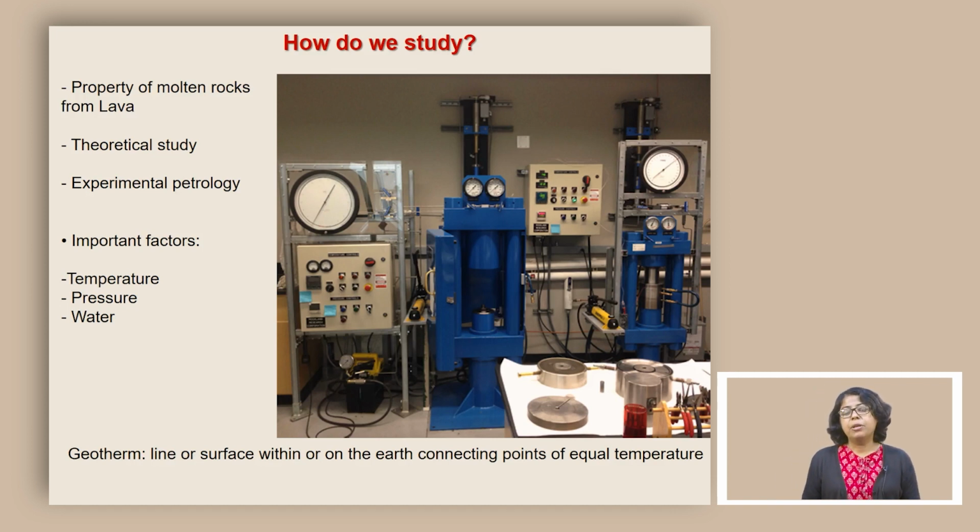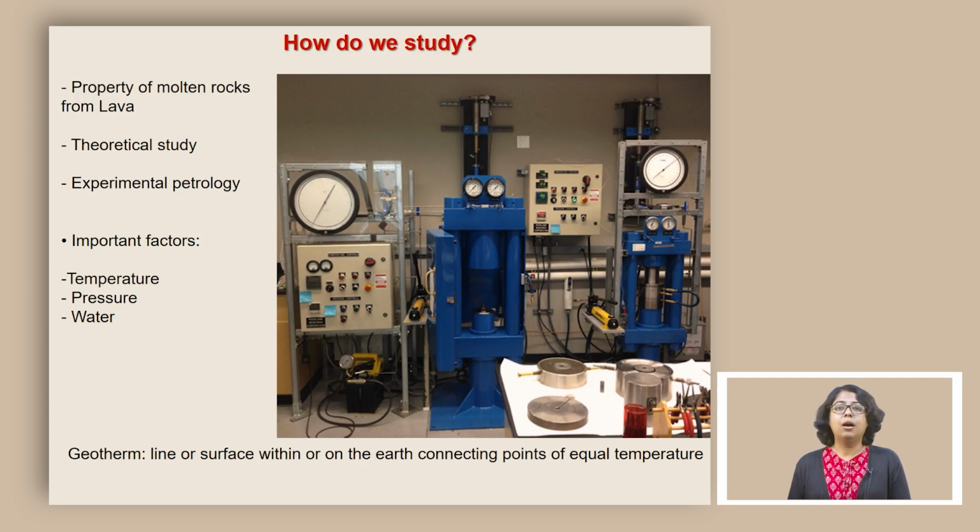Experimental petrology has not been around for very long. It has a history of maybe 100 to 150 years, and the latest technological advancements also contributed to the setup of experimental petrology. There are two major hurdles of experimental petrology.